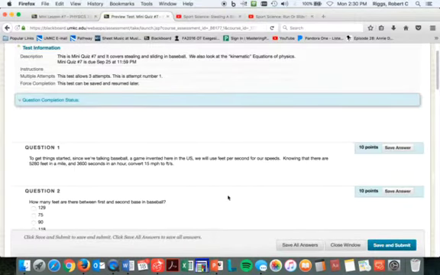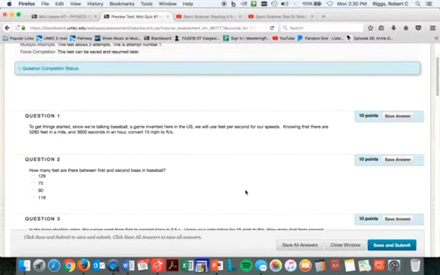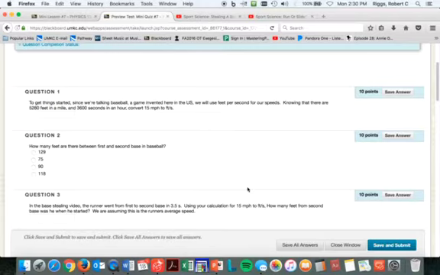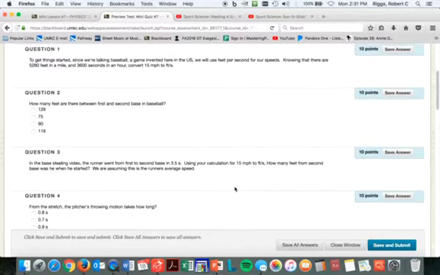How many feet are there between first and second base? If you don't know, you can look it up. You can Google that one. In the base stealing video, the runner went from first to second base in 3.5 seconds.